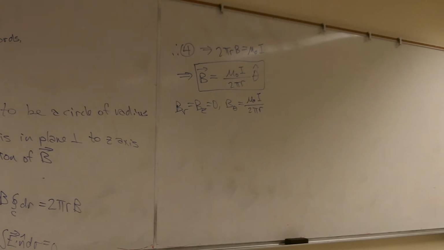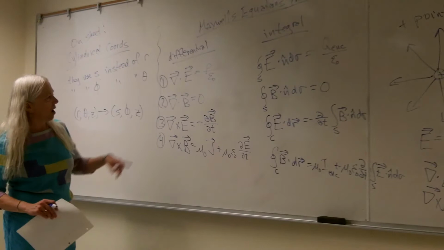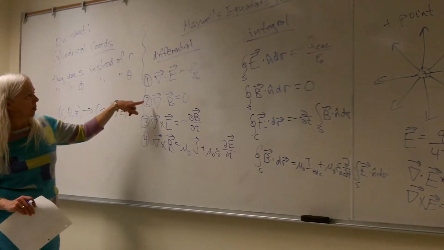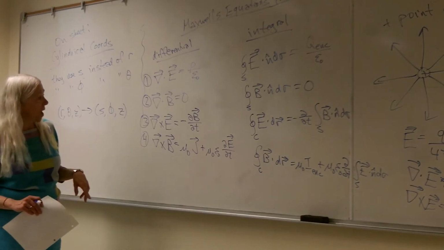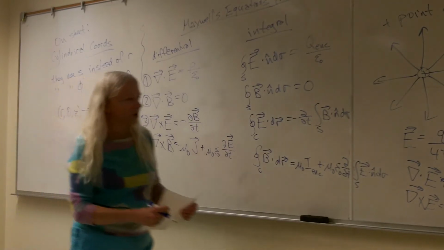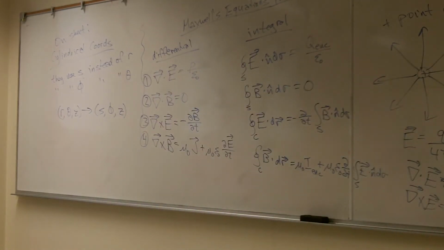So we got this from the Ampere-Maxwell law, but notice that there is another one of Maxwell's equations that also involves the B field, namely equation 2, Gauss's law for magnetism. So maybe we should check that that still holds also.